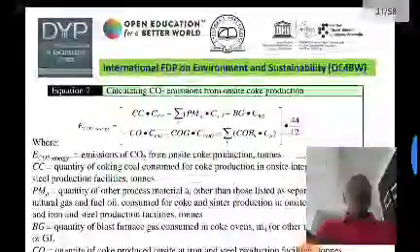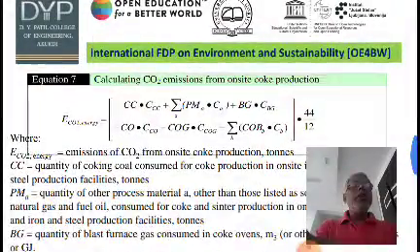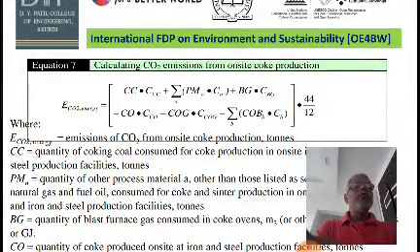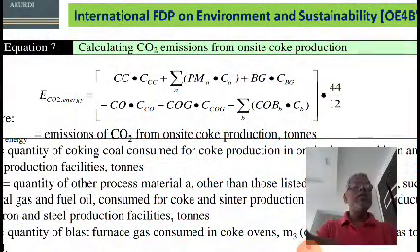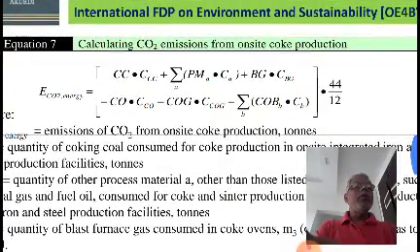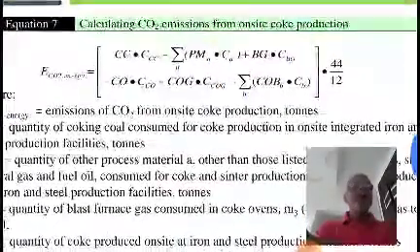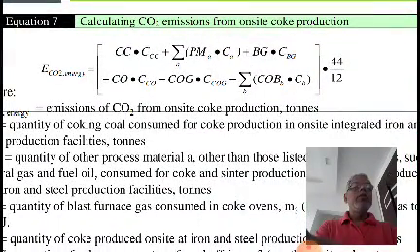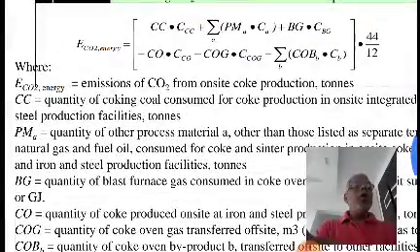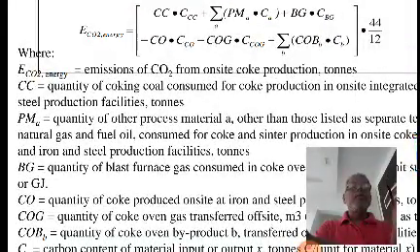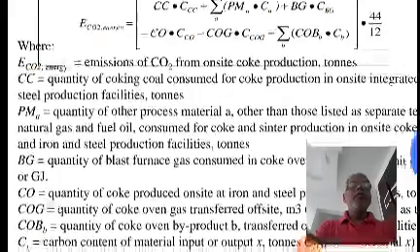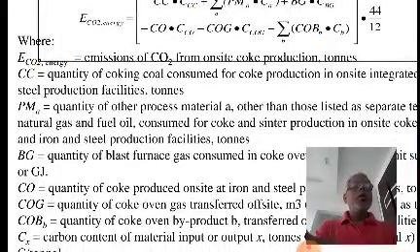Now you can see equation 7 gives you the calculation of CO2 emission from the on-site coke production. So there is this big equation, Cc into C suffix Cc plus summation of Pm into Cm plus Bg into Cbg minus CO into CCO minus COG into CCOG, and all these factors. You can see here Cc is the quantity of the coking coal consumed.